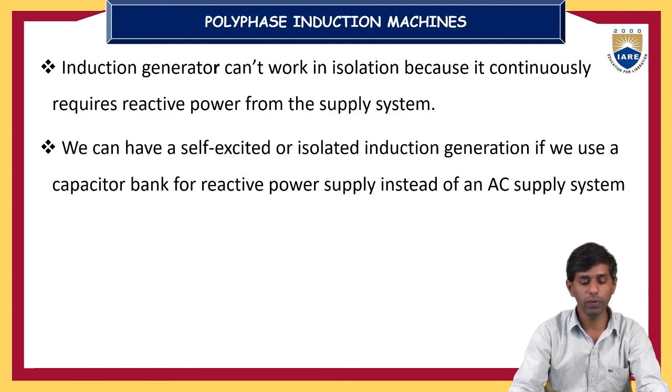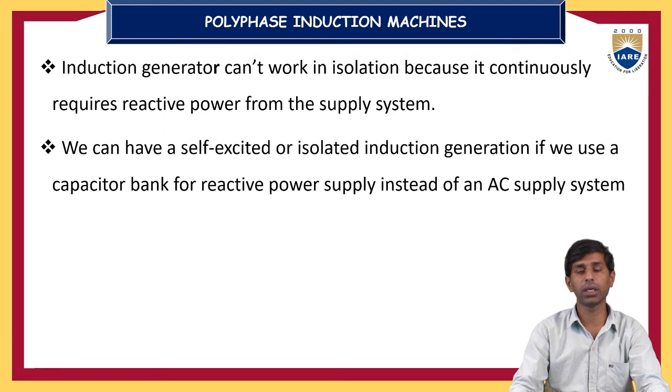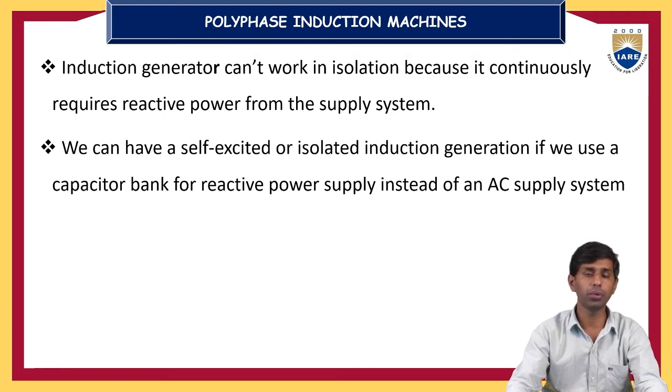How will we make the separately excited induction generator into a self-excited or isolated induction generator? In this case, we can make it self-excited by using capacitor banks for supplying the reactive power.